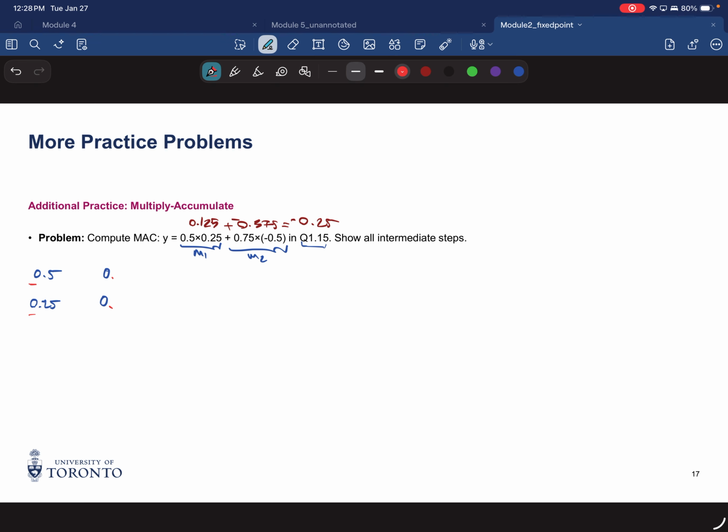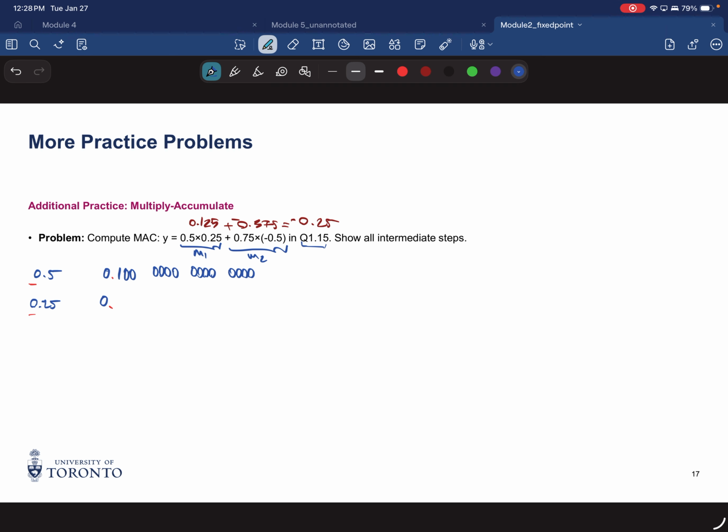Now I have to present the fractional part in 15 bits. 0.5, what is the next bit? 1. Am I done? Everything is 0. Okay, next one.